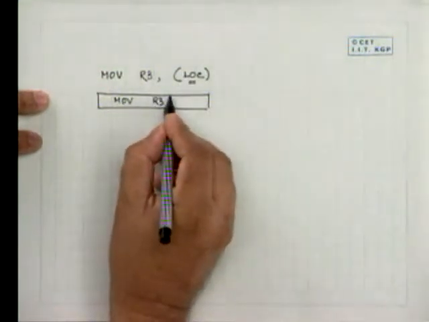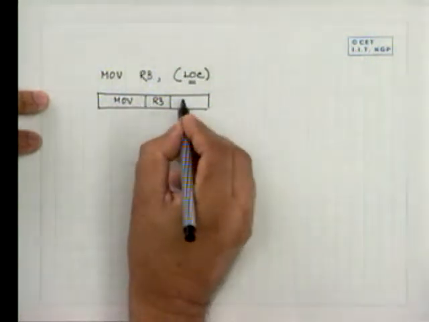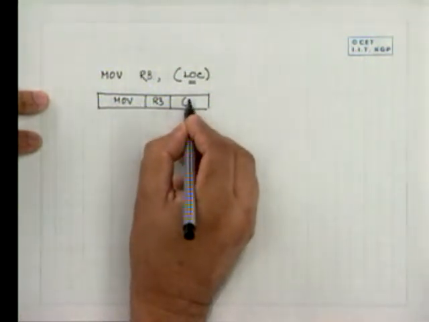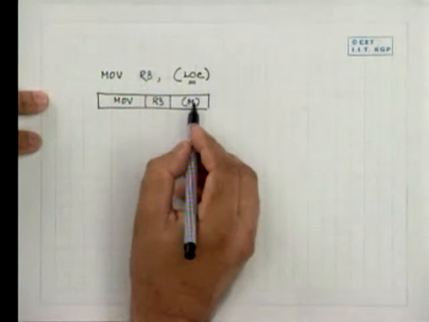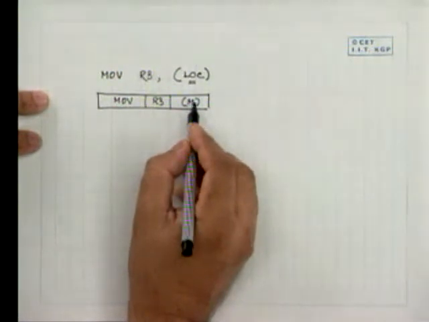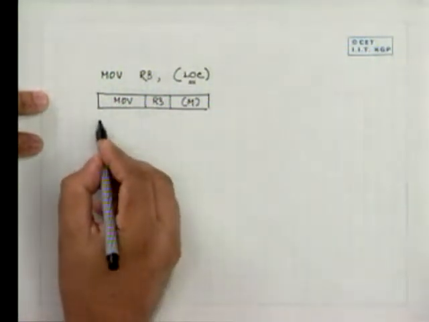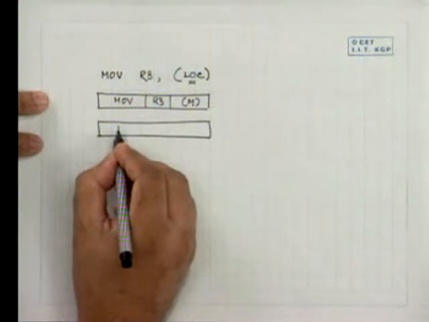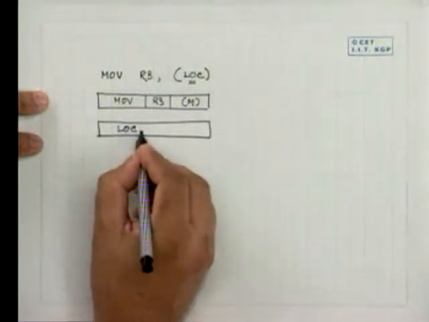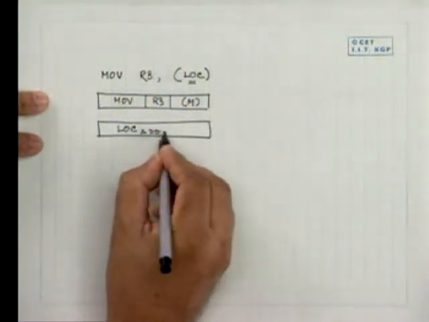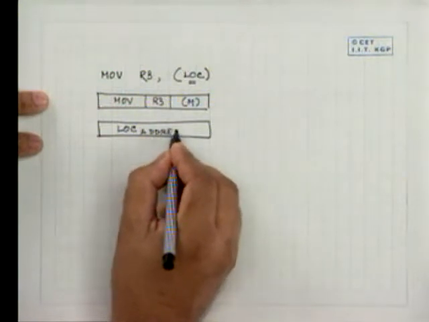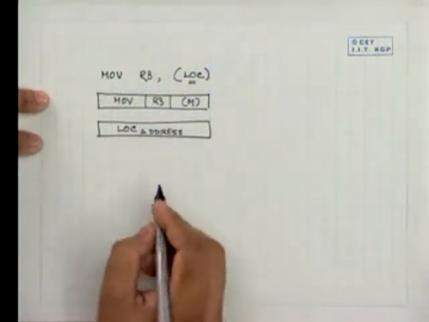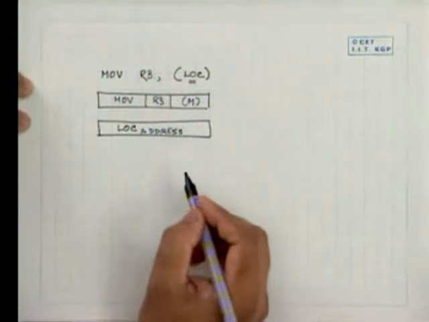R3 is a destination. Then it should say that the mode is an indirect addressing involving memory, and here the address of the location is in the next word of the memory.